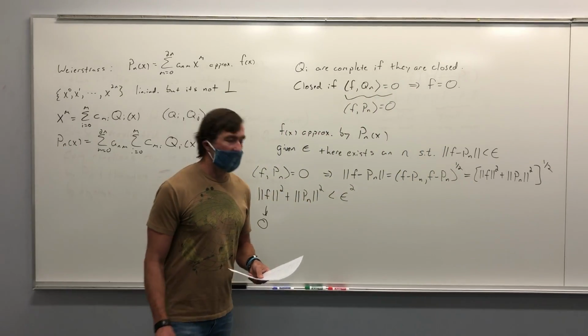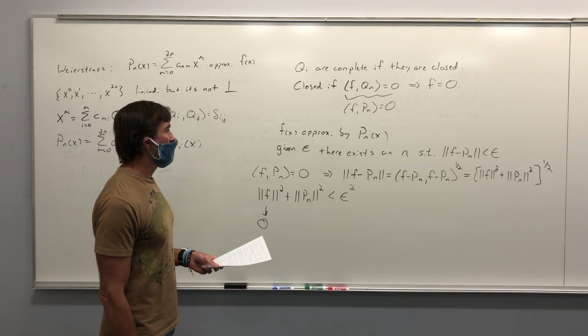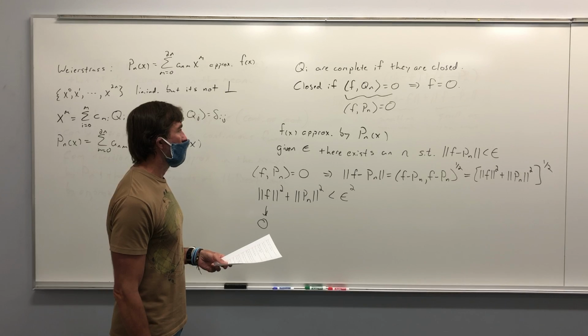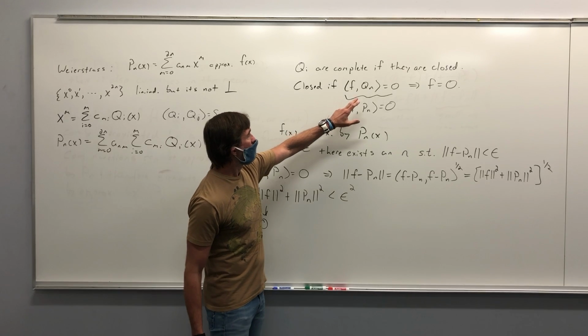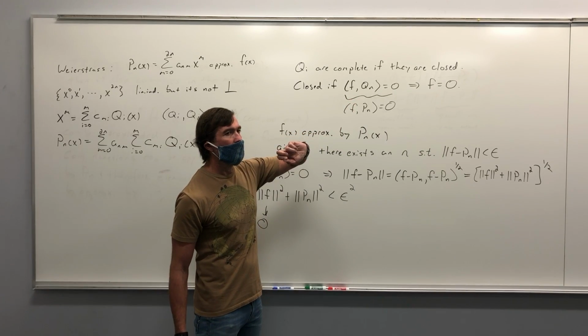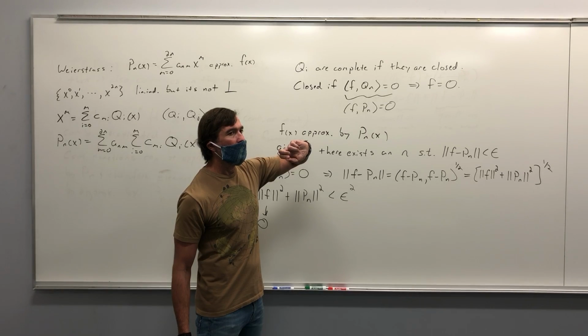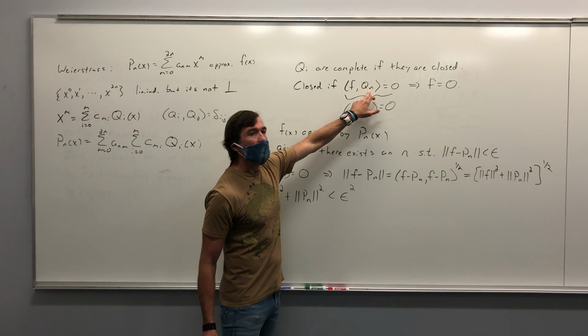Yes? Wait, so it's closed if the inner product of f with any q is 0, it implies that f is 0? Yes. But what if you do another q as f? Because aren't they supposed to be orthogonal? Sorry, say it again? Well, because the q's are orthogonal, right? So if f was equal to a q that's not n, is that allowed? Well, this is supposed to be for all n.